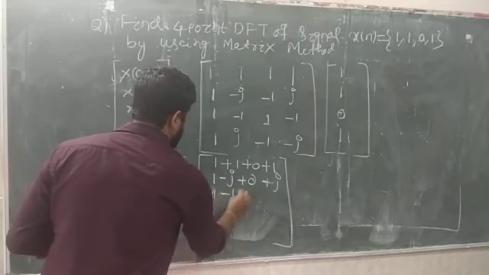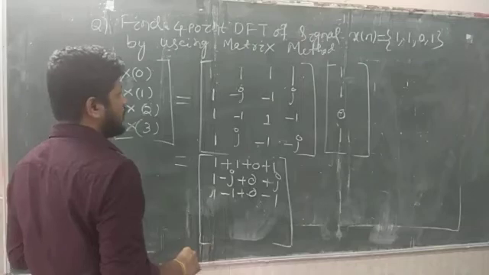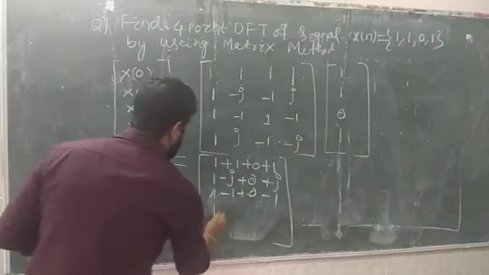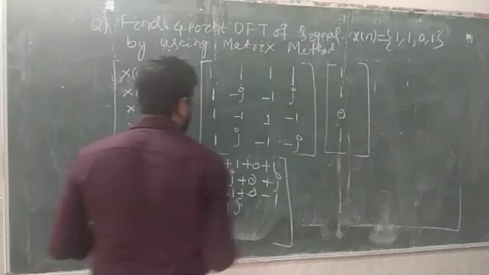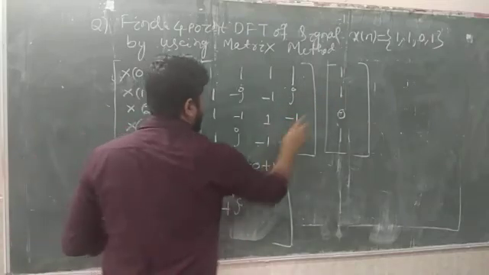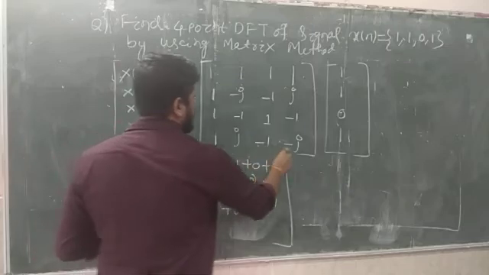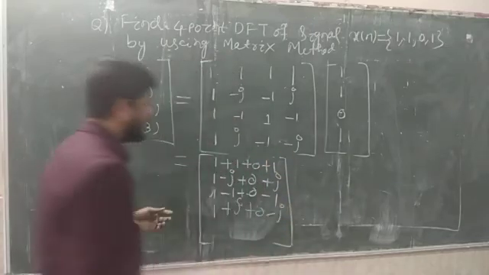Then 1 plus 1, this multiplies with this one, so j times 0 gives 0, then minus j into 1 gives minus j.